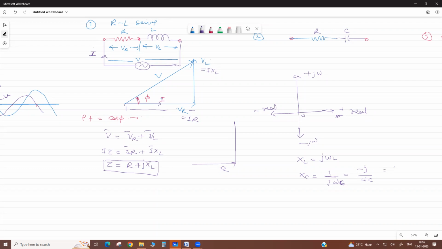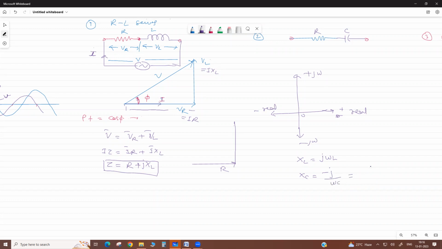We can write it as minus j by omega C, it is negative, okay, minus j term here.